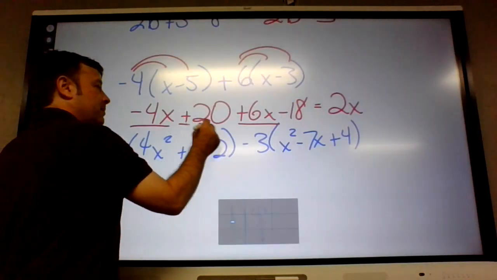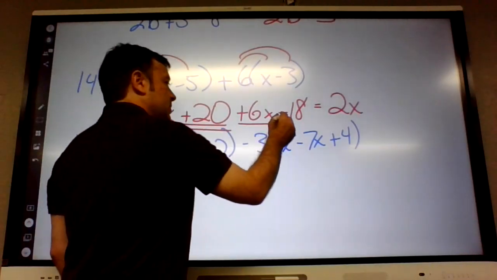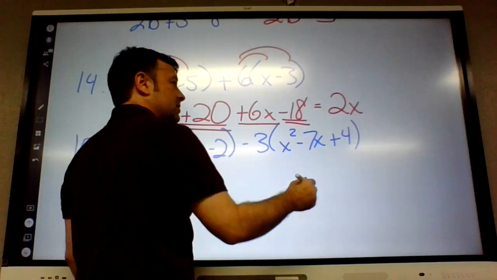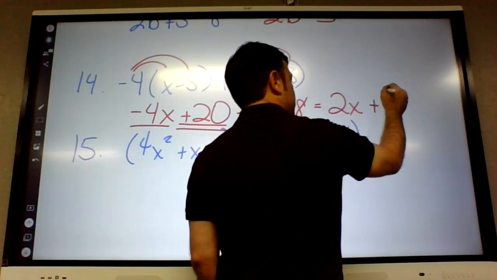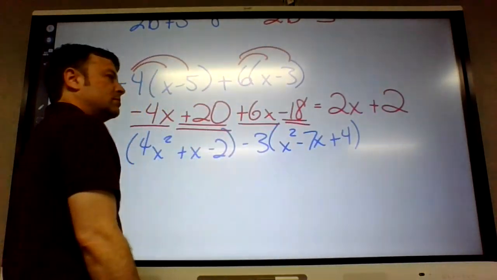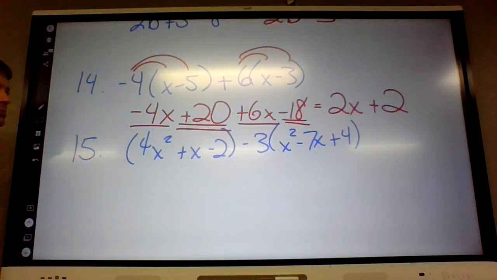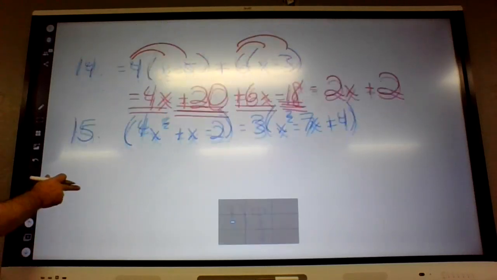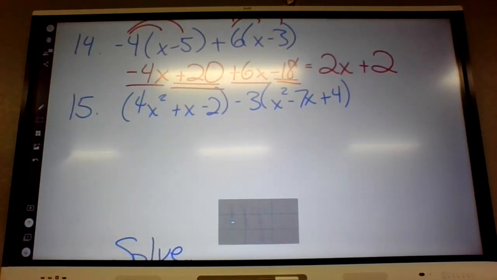And then we have plus 20 minus 18. That is also positive 2. The end. Is that a 4x squared? Yep.